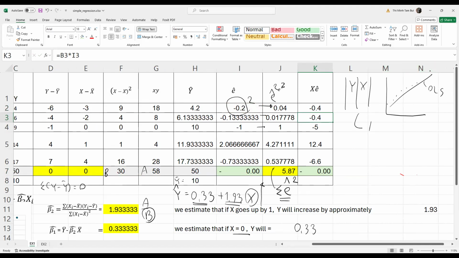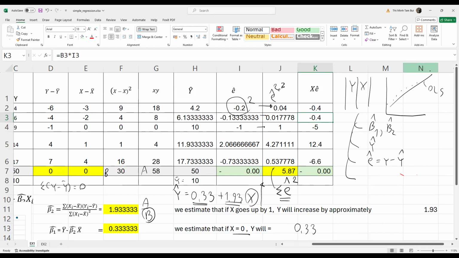Then we can find beta 1 hat and beta 2 hat. And then I showed you that we can find y hat, and then we can calculate error hat by making a difference between actual data and forecast data.